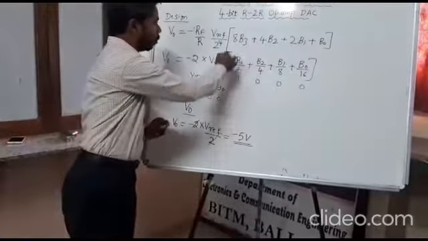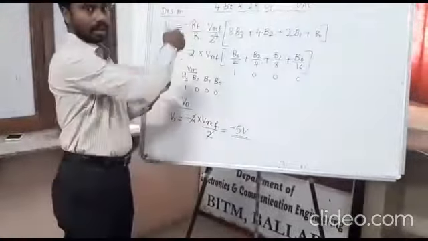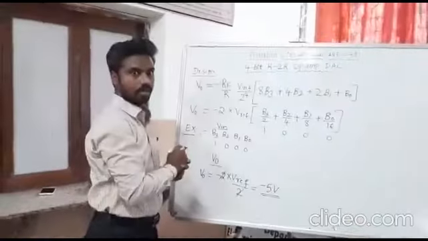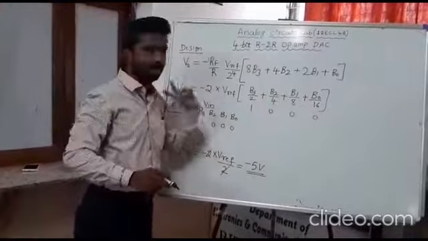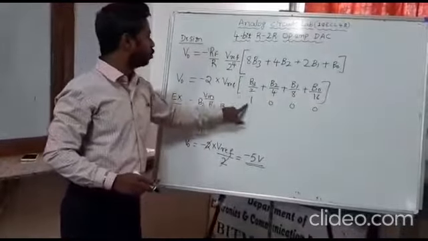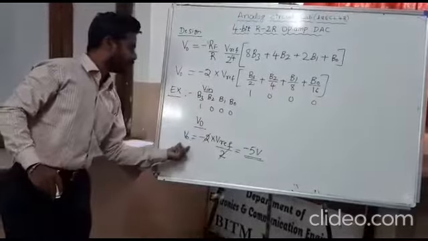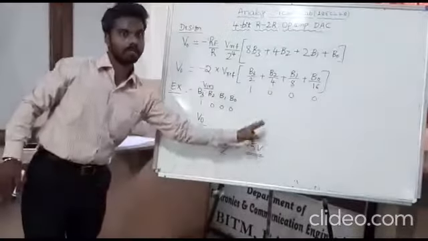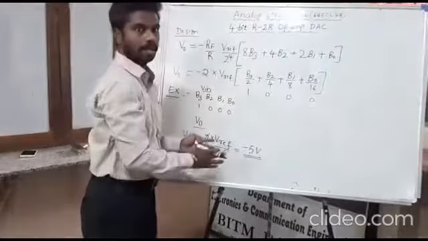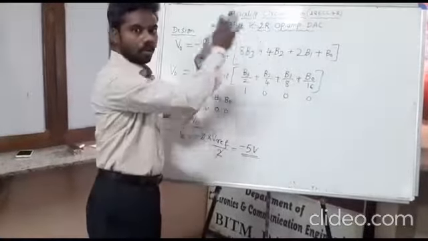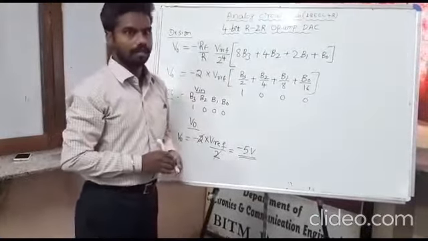These voltages are the ones considered in the previous circuit at different junctions: V reference by 2, V reference by 4, V reference by 8, V reference by 16. When V3 is 1 and V2, V1, V0 are 0, we get an output voltage of approximately minus 5 volts. Theoretically calculate the rest of the combinations, from 0 0 0 0 to 1 1 1 1, and thoroughly verify it on the kit.